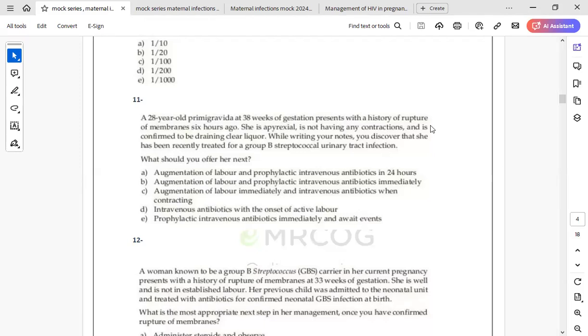You are not going to wait for the contractions to start. As soon as possible, guys. Once any signs of labor come out, whether it was the rupture of membranes, the contraction starts, any sign of imminent labor, start the IAP. So here we already have rupture of membranes.